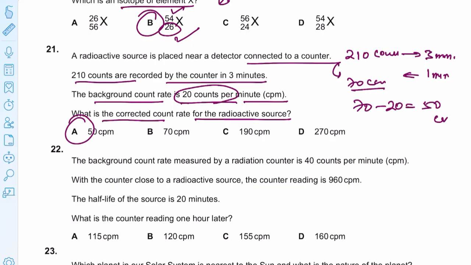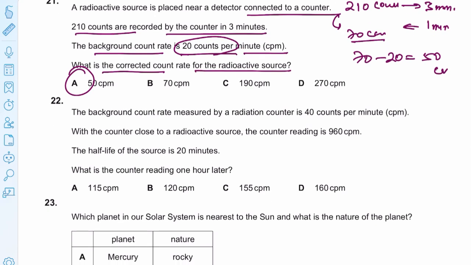Got it? Next question. The background count rate measured by a radiation counter is given as 40 counts per minute. With the counter close to a radioactive source, the counter's reading is 960 cpm, counts per minute. The half-life of the source is given as 20 minutes. What is the counter reading 1 hour later? Okay, listen carefully.